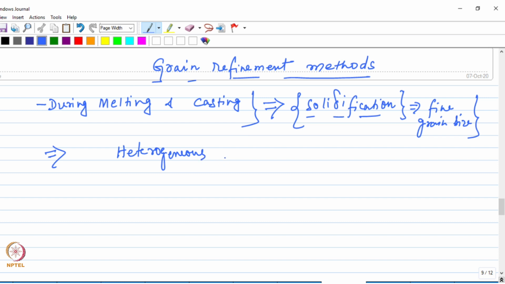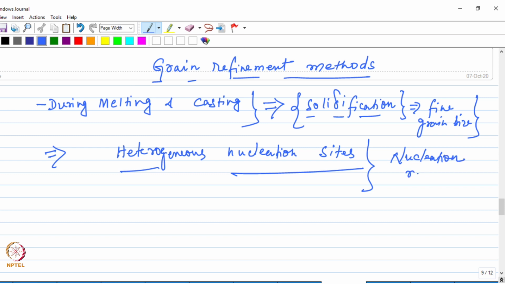Because the solidification phenomenon is all about nucleation and growth of the solid from the liquid phase. And if you can provide some heterogeneous nucleation sites, it will basically increase the nucleation rate, which will lead to a finer grain size.